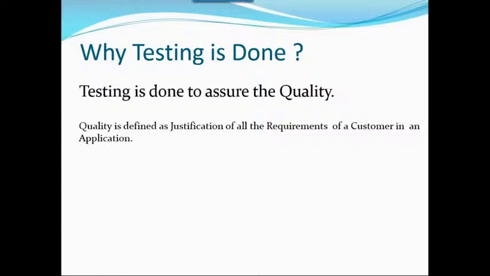Suppose you miss the requirements, you don't understand them, in that case you will not get the quality product, right? So how can you define the quality? That's one of the most important ones. For what reason are we doing the testing? Quality purpose, right? How do you define the quality? It means you need to fulfill all the requirements that are given to you. Then only you will get a quality product. So this is also one of the most important ones.